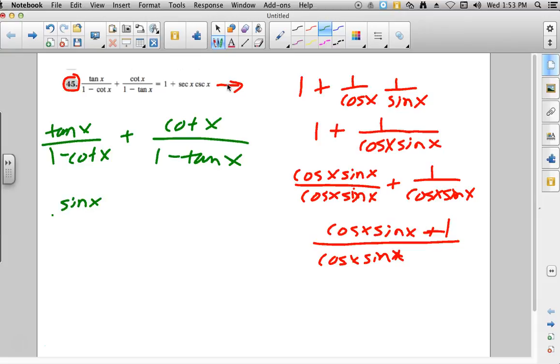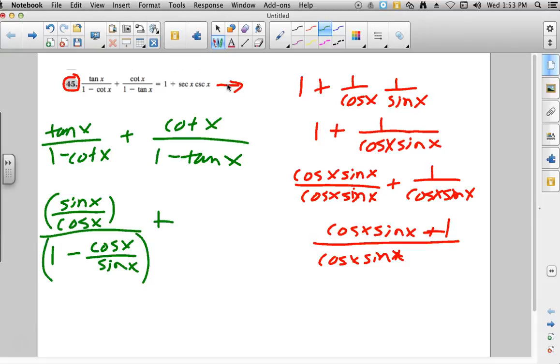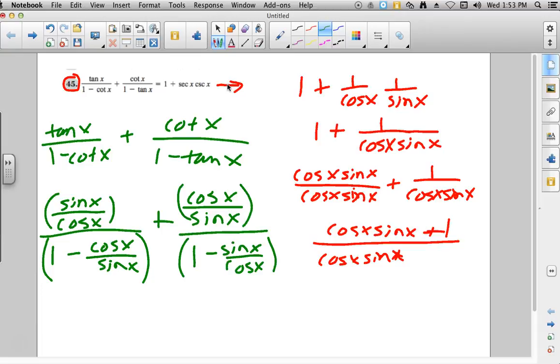So tangent is sine of x over cosine of x. And then we have 1 minus cotangent, which is cosine of x over sine of x, plus cosine of x over sine of x over 1 minus sine of x over cosine of x.